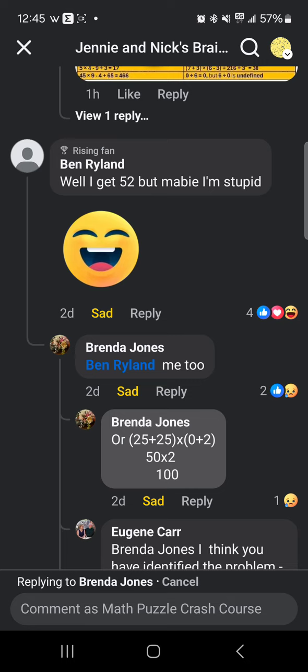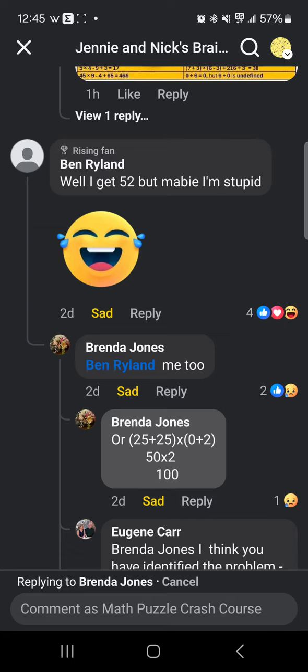Like, someone actually had posted that they thought the answer could be 100. But what they're doing is they're putting parentheses around 25 plus 25, and then putting another set of parentheses around 0 plus 2. Well, of course, 25 plus 25 would be 50, as you see here, and then 50 times 2 would be 100. But that's a whole different problem.